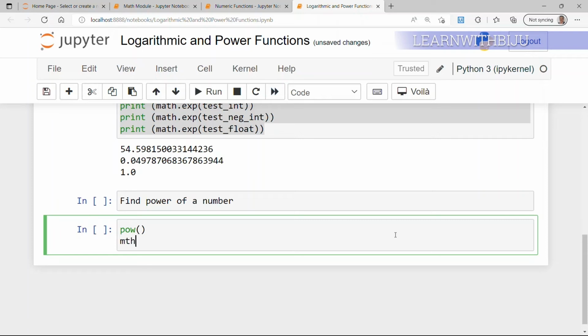The syntax is math.pow. So what is a power? The power function computes the nth power of a number. This function first converts its argument into float and then computes the power. Let's have an example to demonstrate.